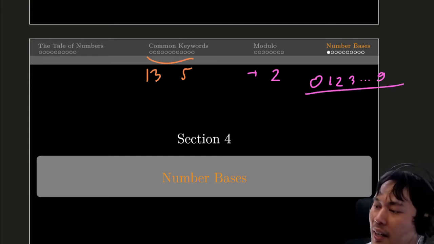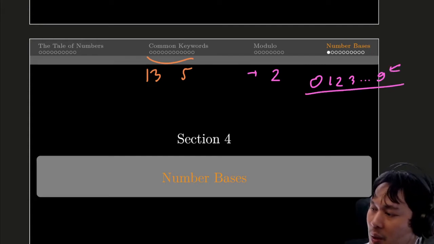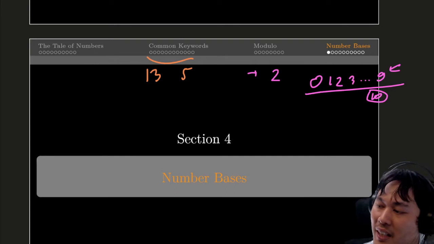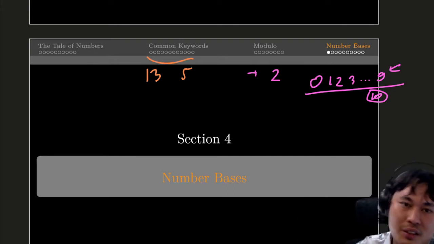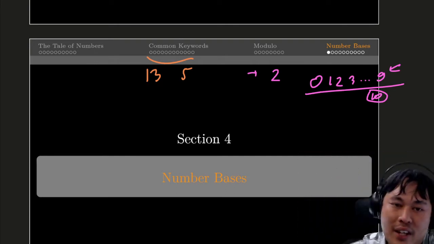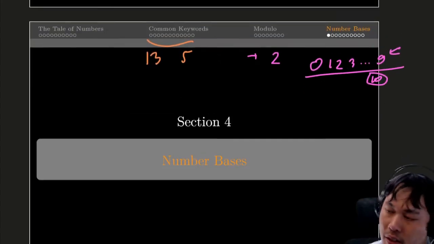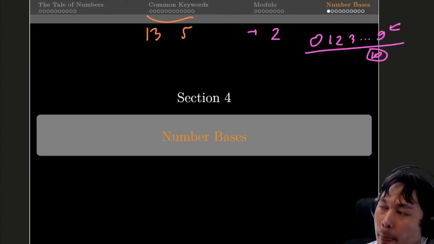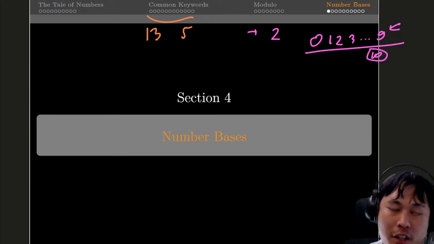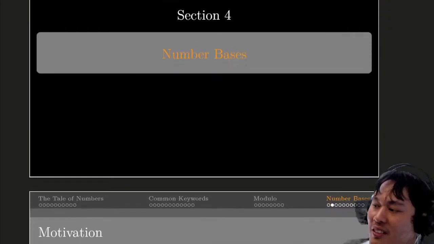So that's why there are only digits up to 9, because once you reach 10, you put everything into the box and carry it to the next digit.